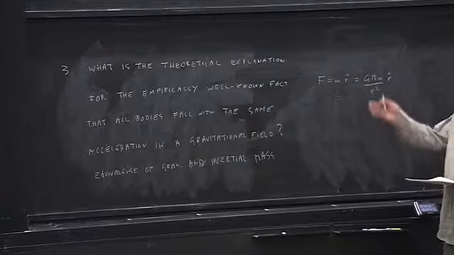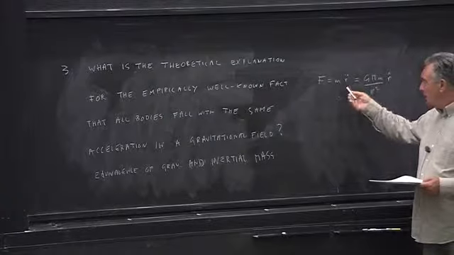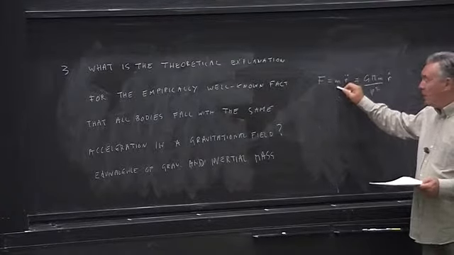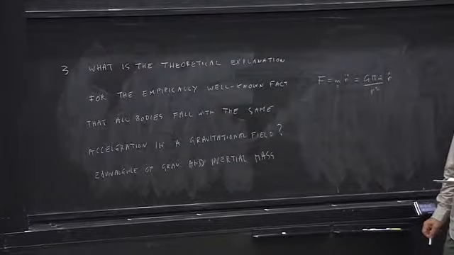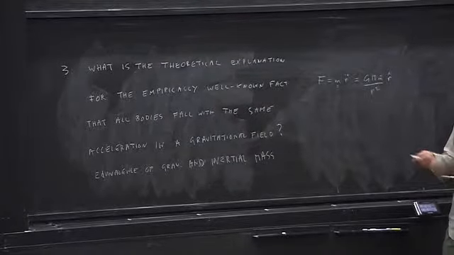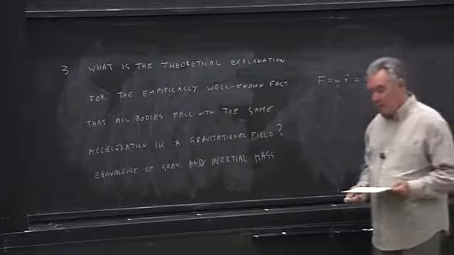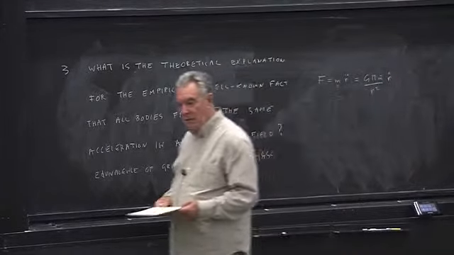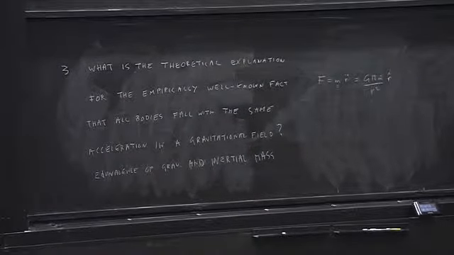The fact that everything falls with the same acceleration is compatible with the m that appears on this side of the equation being the same m that appears on that side. But that's an assumption. Why should the m that appears in the force law be the same m that appears in Newton's law of acceleration? That's the puzzle. It's empirically true, but why should it be true?